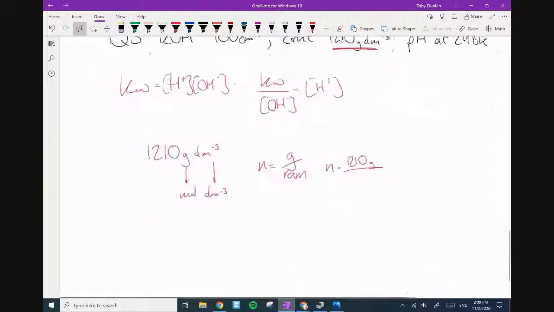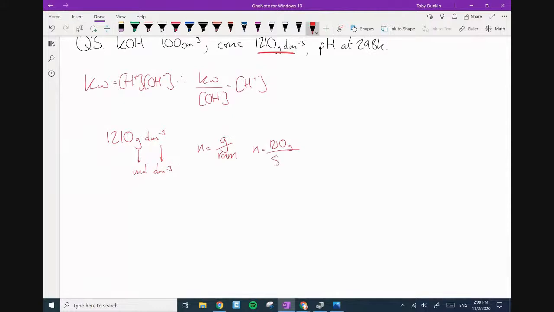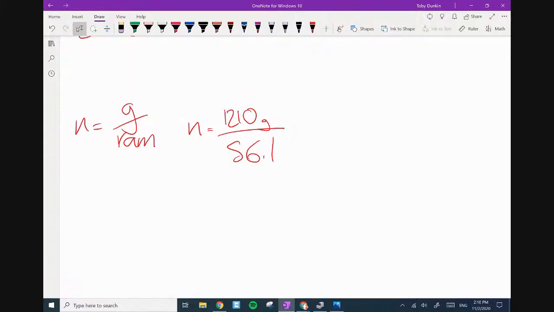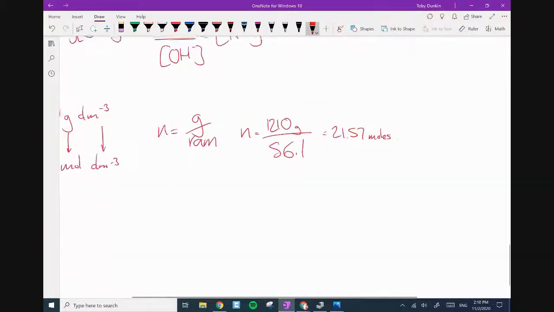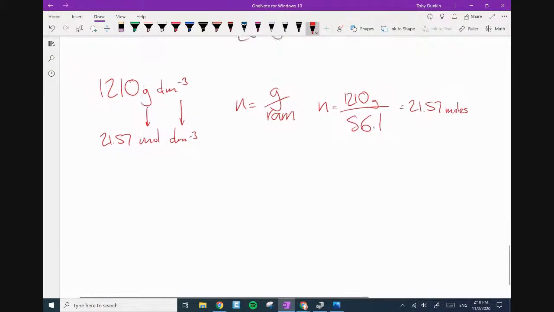So it weighs, wow, somebody's already finished it. 56.1, yeah, so grams over Mr, 1210 divided by 56.1 gives me 21.57 moles. Right, well, the great thing is, because the dm cubed hasn't changed, that is the same as 21.57 moles per liter.